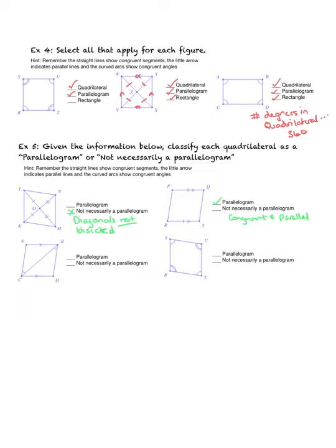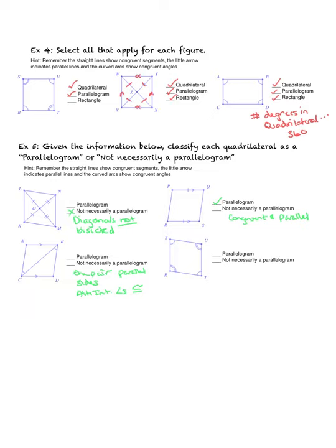Now here we have one pair of parallel sides. And look, there's the transversal, and we have alternate interior angles congruent.